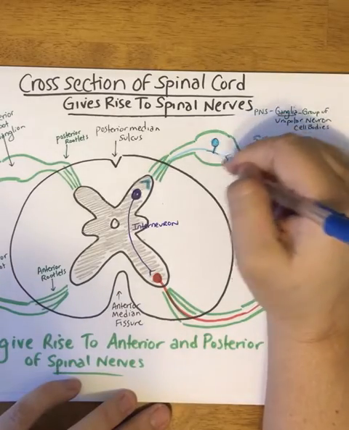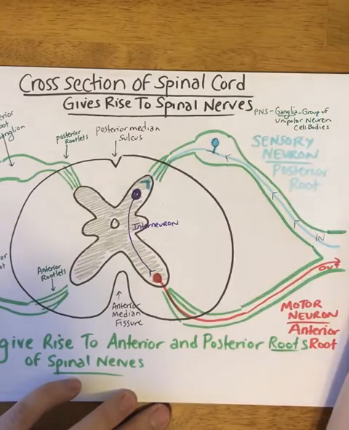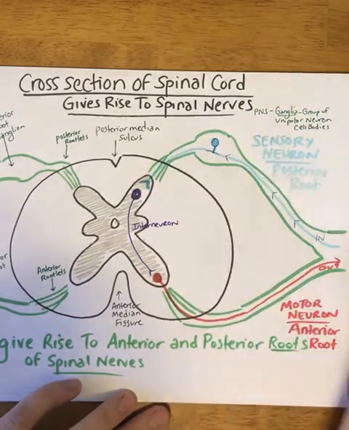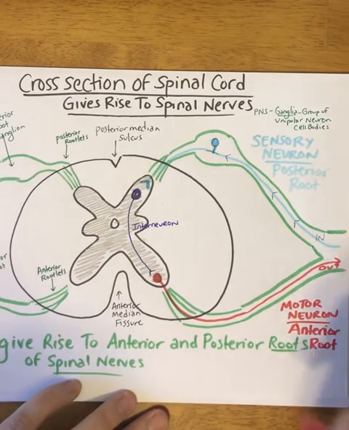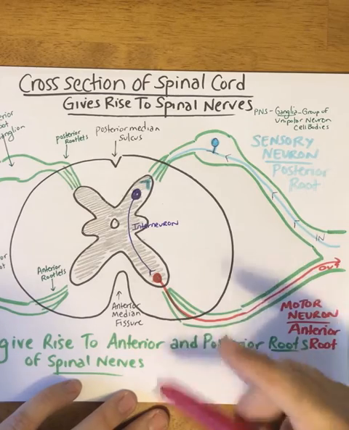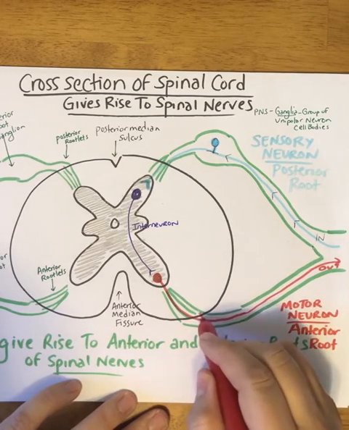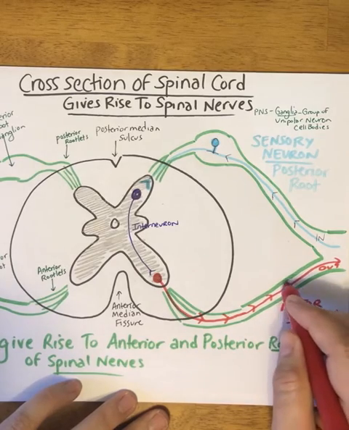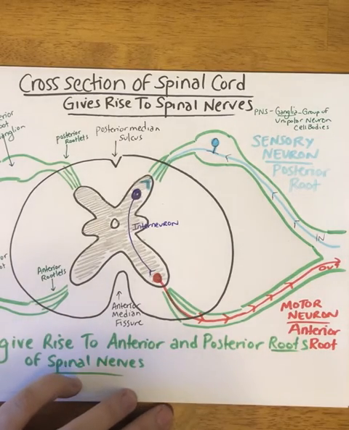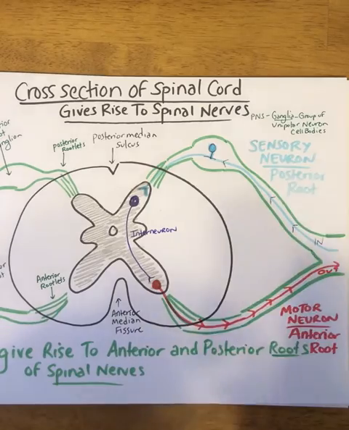That's why this is a ganglia, and it's going into the spinal cord. Motor neurons are always going to be exiting the anterior root. Now there's a lot more information on that, but basically what I want you to know is the posterior side is for sensory and the anterior side is for motor.